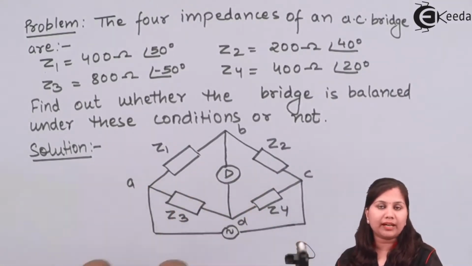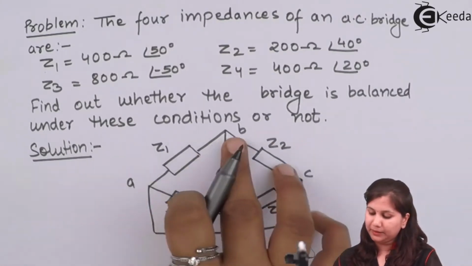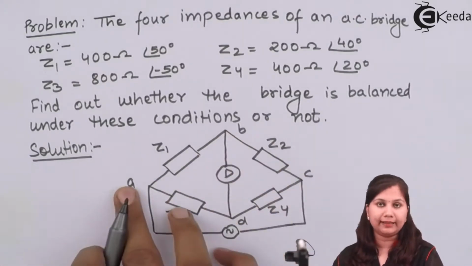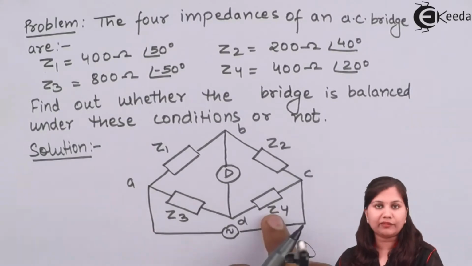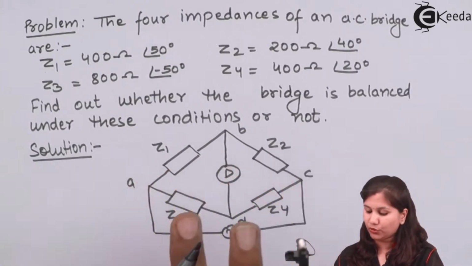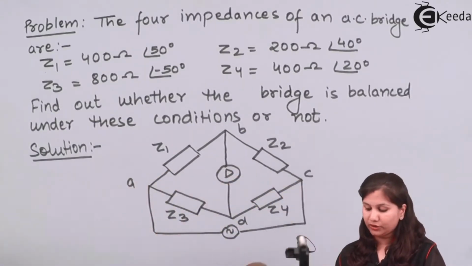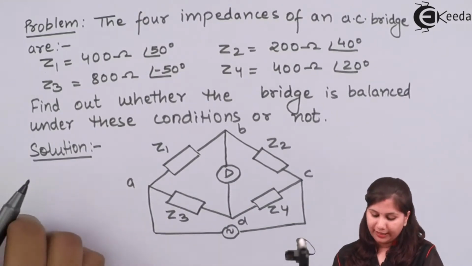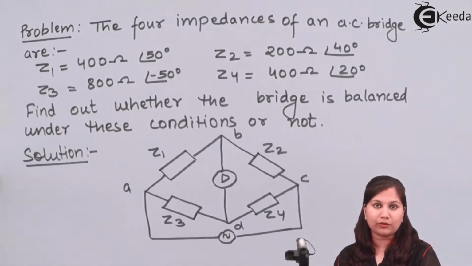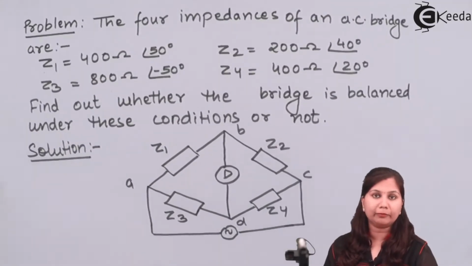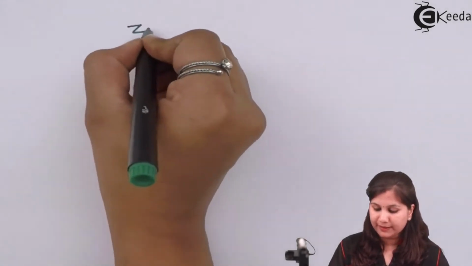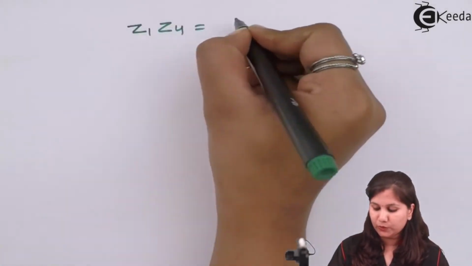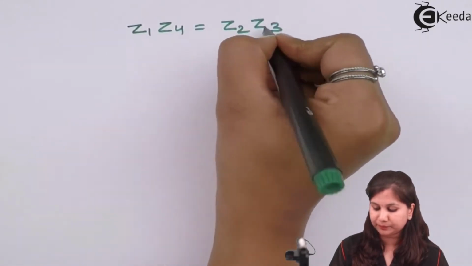In the bridge we have the four arms AB, BC, CD and DA, and in the four arms we have four impedances Z1, Z2, Z3 and Z4. So this is the basic circuit for an alternating current bridge. And if we write the balance equation for this bridge, we know that the general balance equation is given as Z1 Z4 equals Z2 Z3.